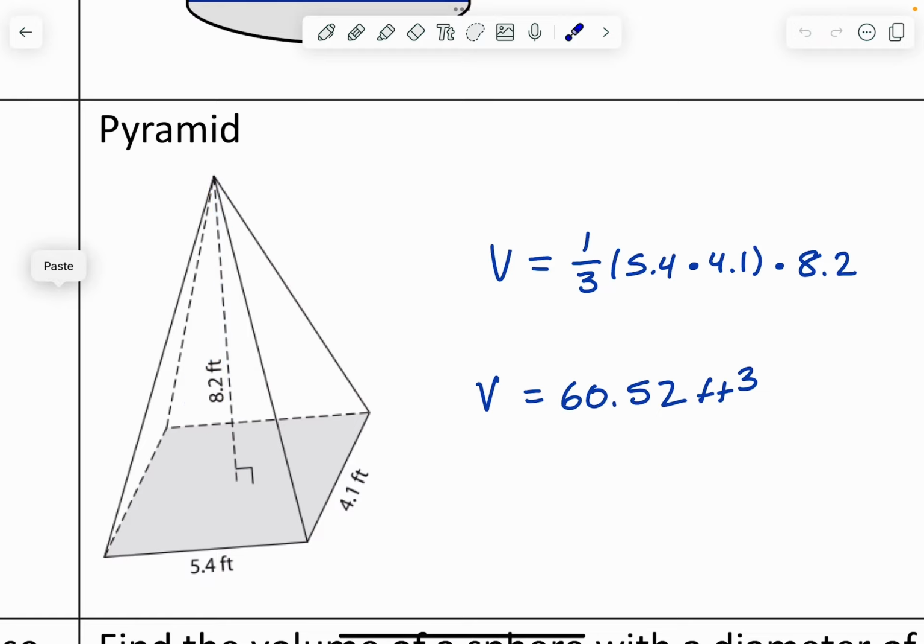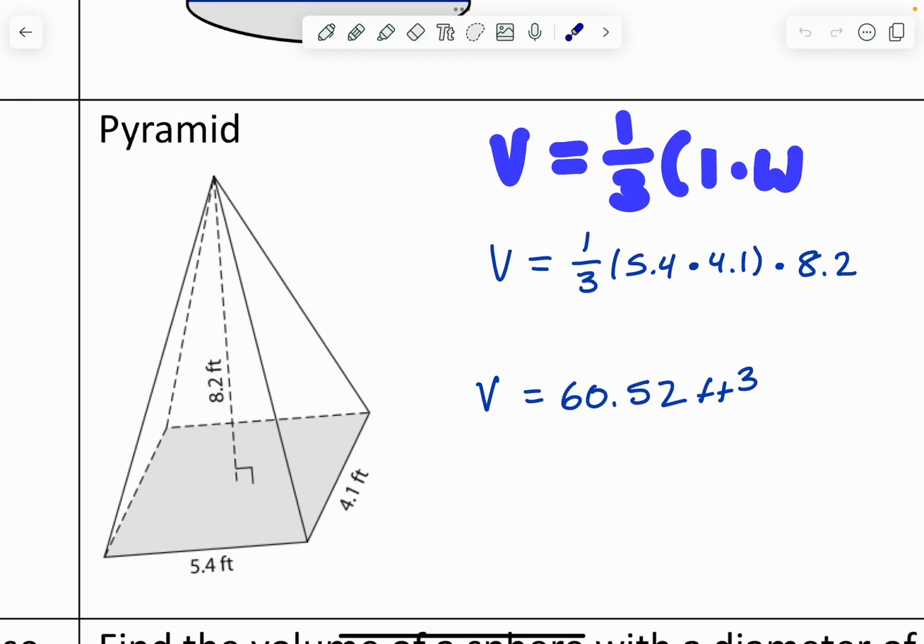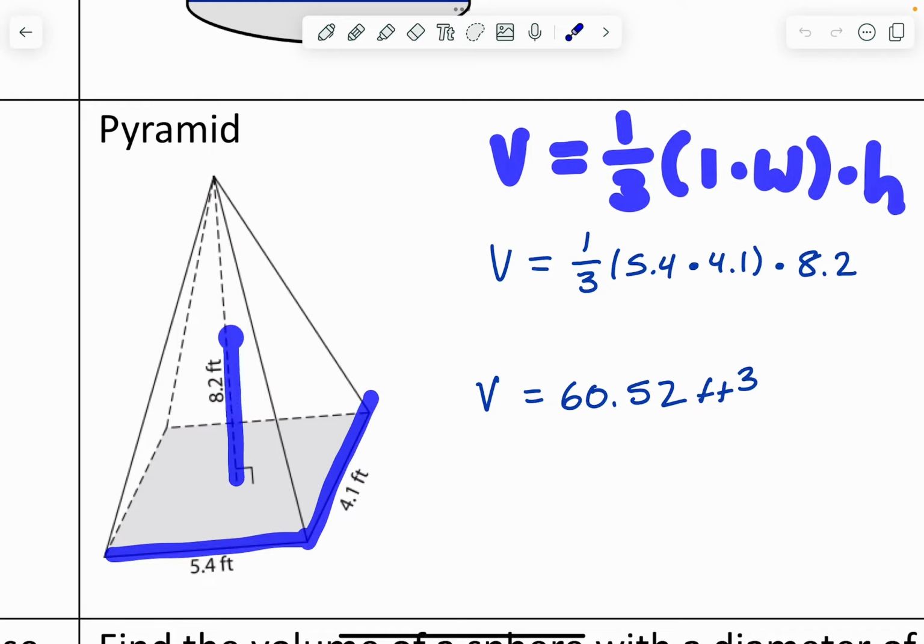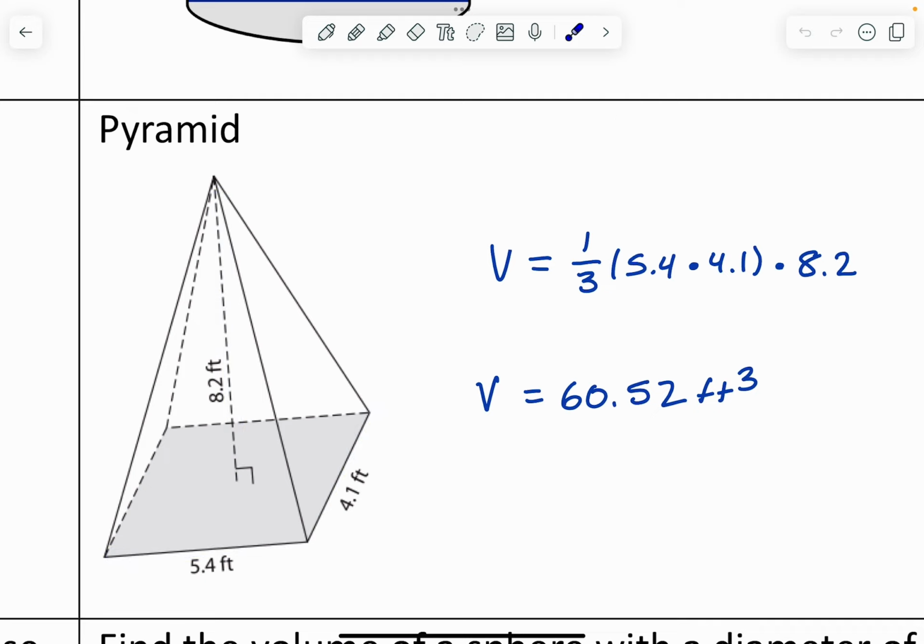That's our height. Substitute what you know. Volume is equal to 1/3 length times width times height. Length of my base is 5.4, width is 4.1, and the height is 8.2. You get 60.52 feet cubed.